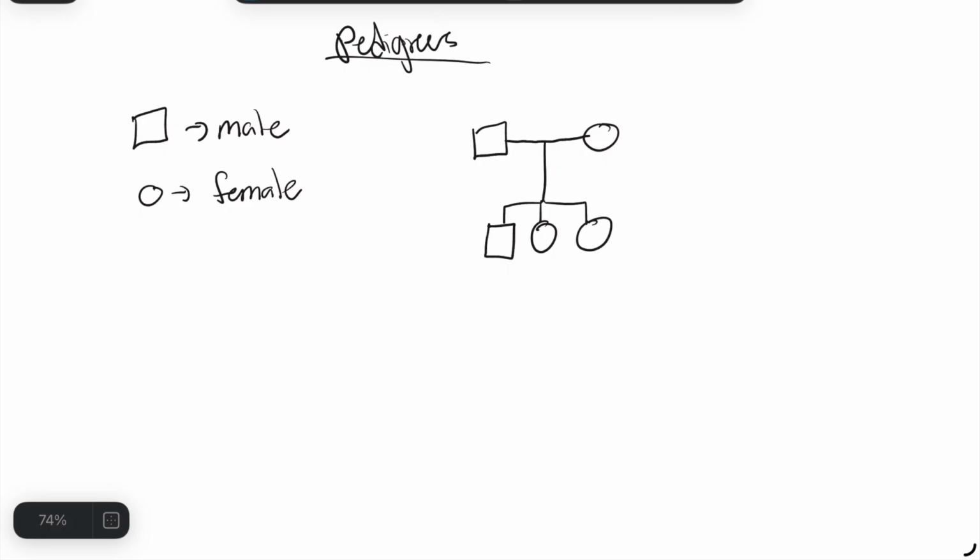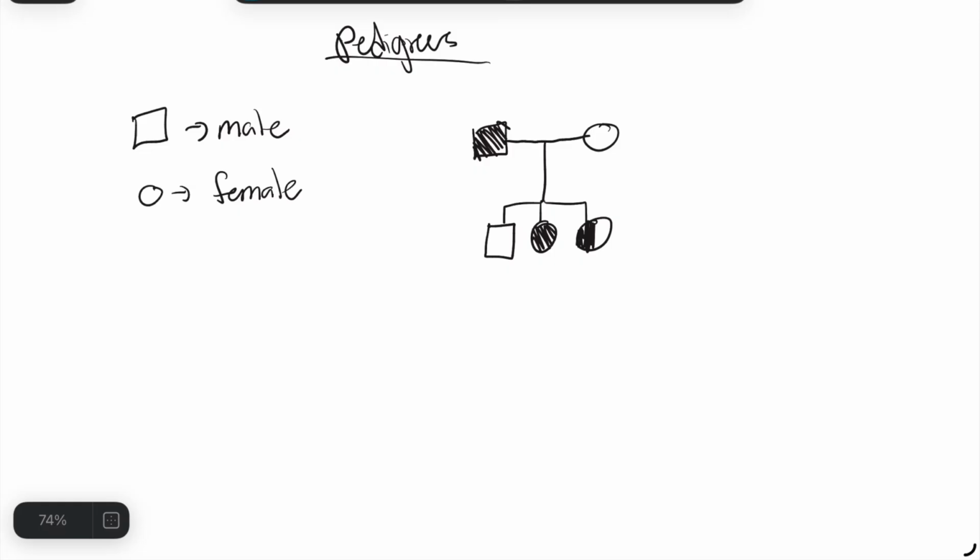For whatever allele or gene that we're referring to, if we see either a square or a circle filled in, that means that the individual is affected. If we only see half of a circle filled in, typically for females, that means that they are a carrier. So to look at sex-linked inheritance patterns, we always want to see first who is affected.